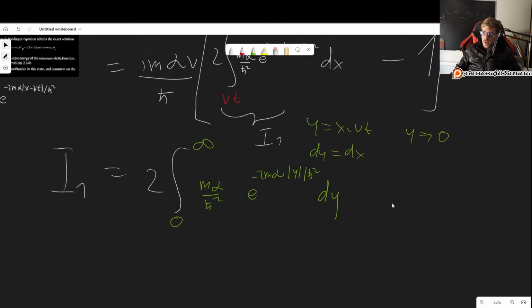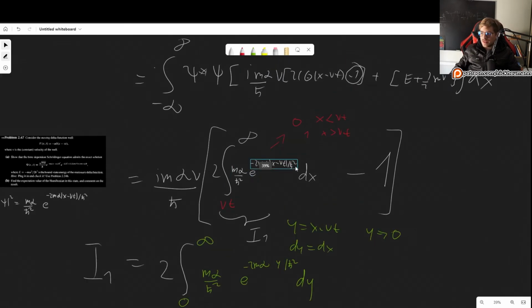But we are in the region where y is positive, so we don't need the absolute value. And this integral we already solved, so I'm just going to do it right away. So this is m alpha over h bar squared times h bar squared divided by 2m alpha. So this entire integral is 1.